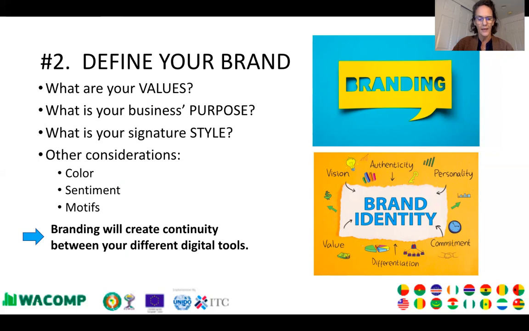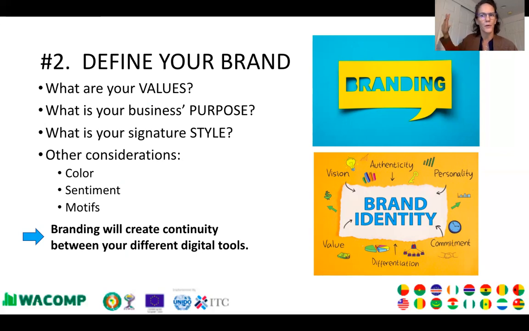The third section is, what is your signature style? This could be as simple as a selection of materials, techniques, motifs. Maybe you have one particular outfit that really defines your style. It could also be as comprehensive as a whole lifestyle design, right? So make a list of all these elements of your brand.